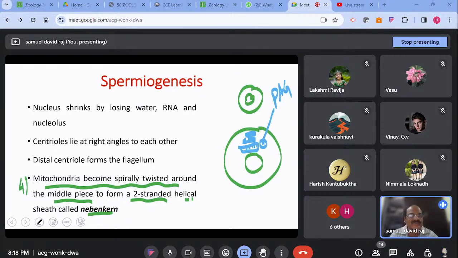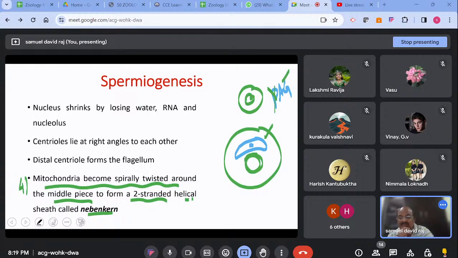And all these vesicles of the Golgi complex fuse so that it forms a large vesicle containing a large proacrosomal granule which spreads over the surface of the nucleus. This is the nucleus above which the vesicle or vacuole with proacrosomal granules, which fuse to form the acrosomal granule, is present.